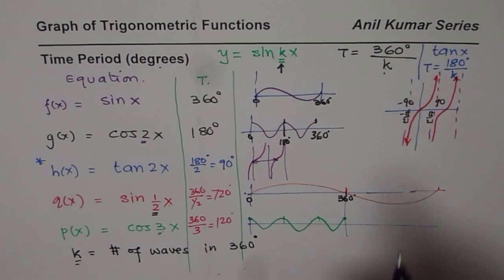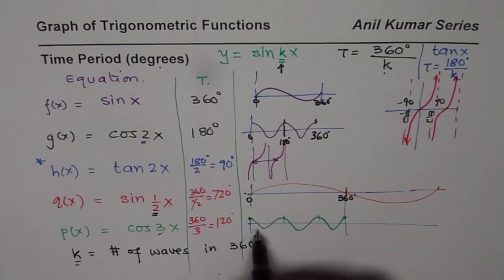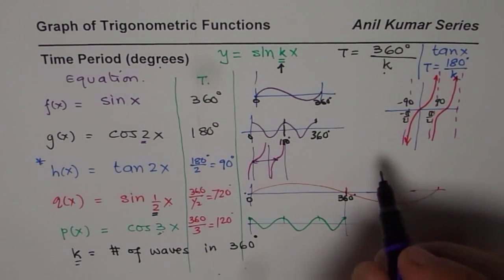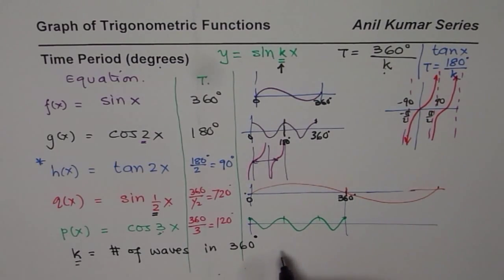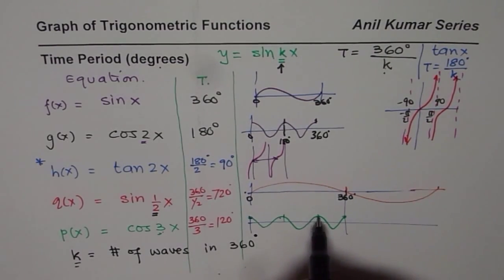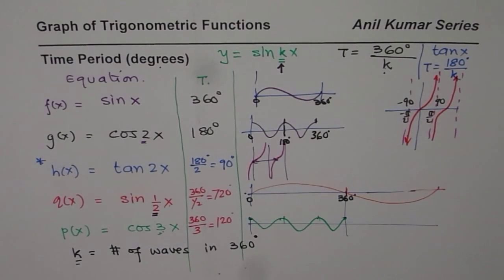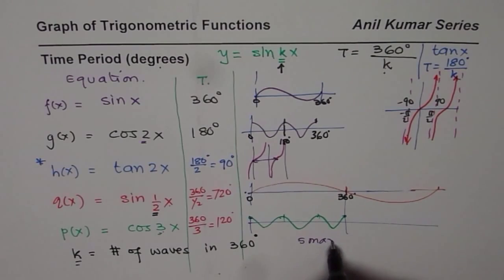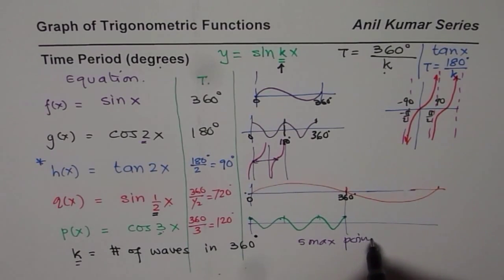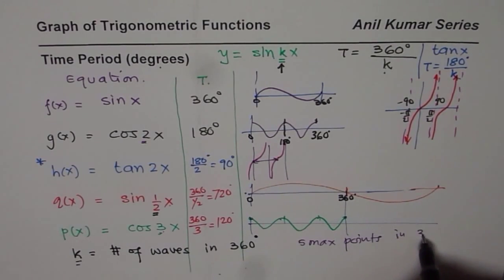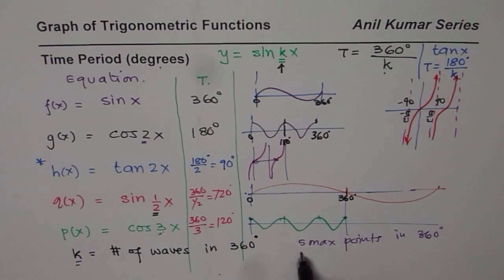So if I have, let us say, within a period, 1, 2, 3, 4 maximums in 360 degrees, then I have 3 waves and the equation will be cos 3x. Do you get the point? So if I have 5 maximum points in 360 degrees, in that case we'll have 4 waves.